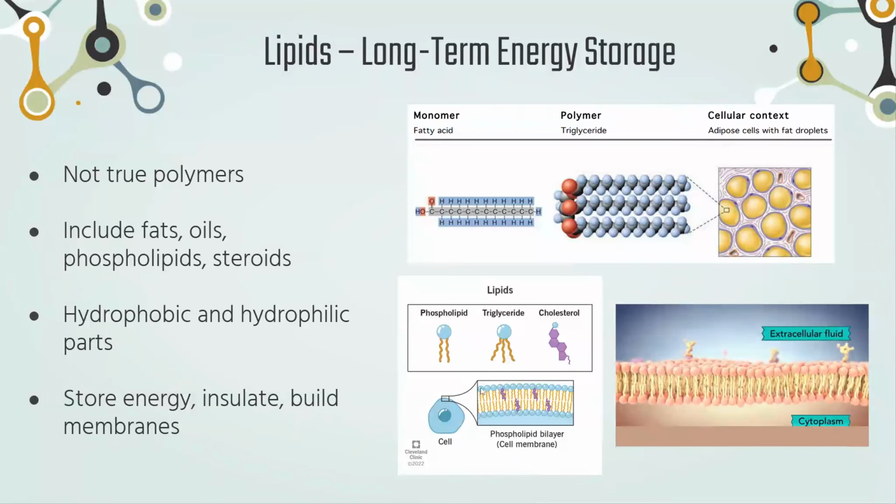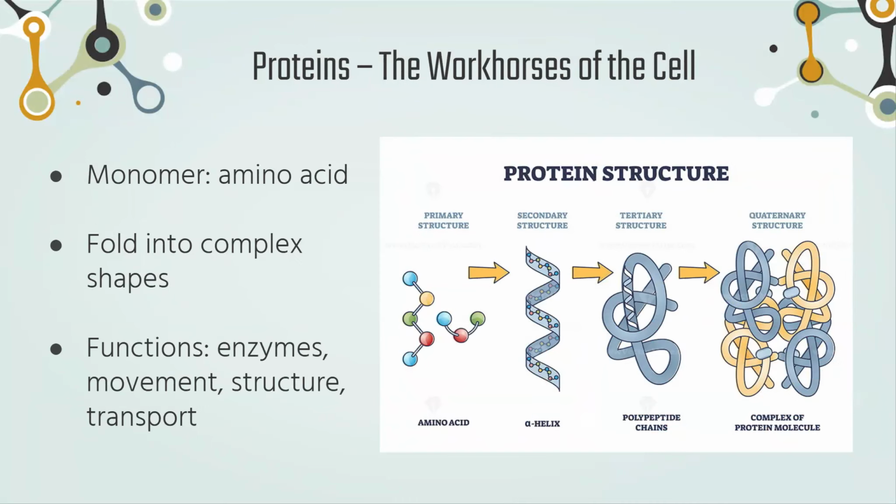So, if this is our cell, the outer layer is the cell membrane. And you can see that the hydrophilic heads, meaning they love water, are on the outside and inside of the membrane, while the middle of it has the hydrophobic tails, meaning they hate water. And this actually helps us regulate what goes inside and outside of our cell, which is very helpful.